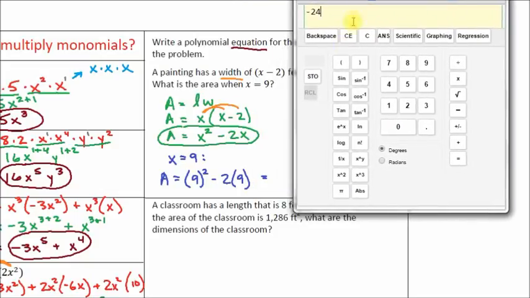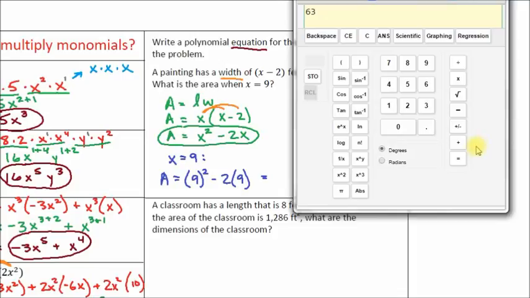Let's do that right now. We're going to use parenthesis 9 close parenthesis, then we'll do squared minus 2 parenthesis 9 parenthesis. So always put variables in parentheses when you solve an equation.